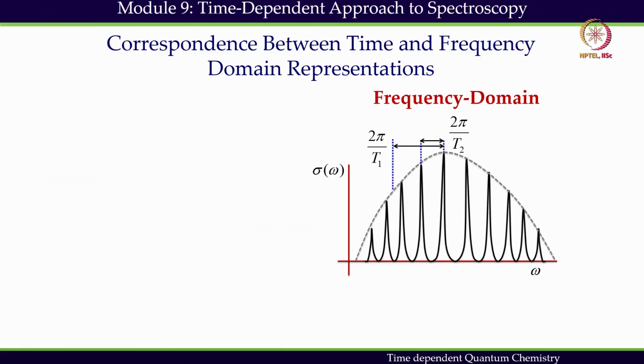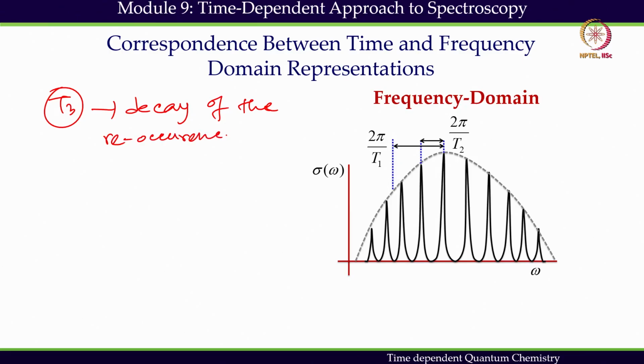The third time scale we talked about is T3, which is the decay in the time domain. It was associated with the decay of the reoccurrence feature of CT. That was the meaning in the time domain. In the frequency domain, what does it mean? It means that T3 appears as the width of each spectral feature in the frequency domain.